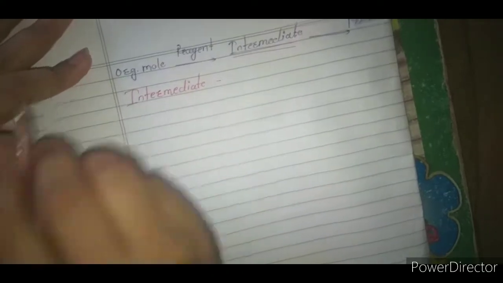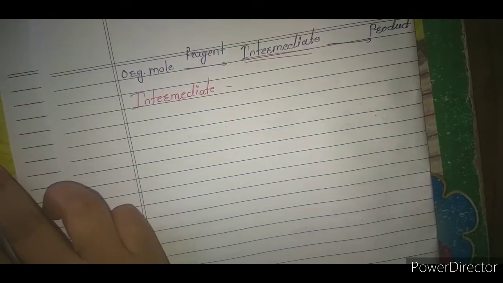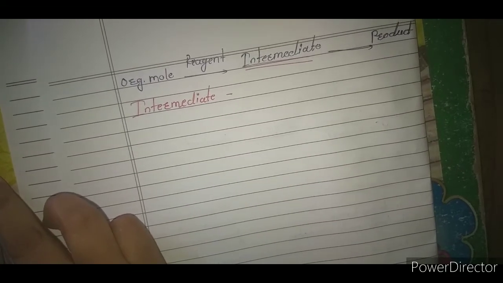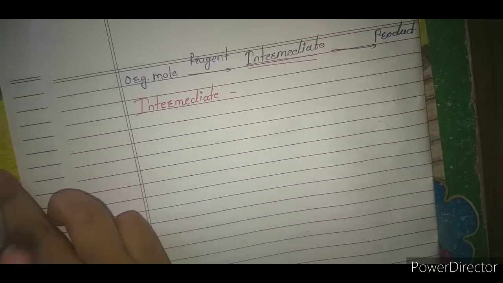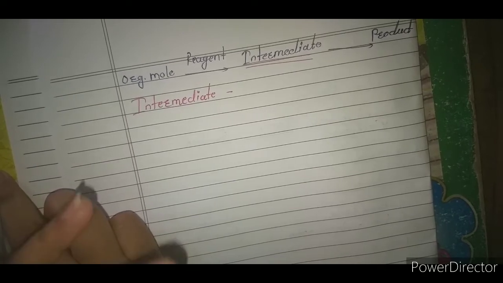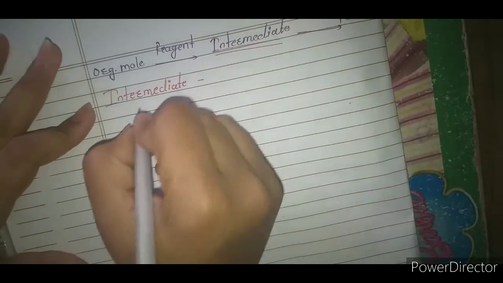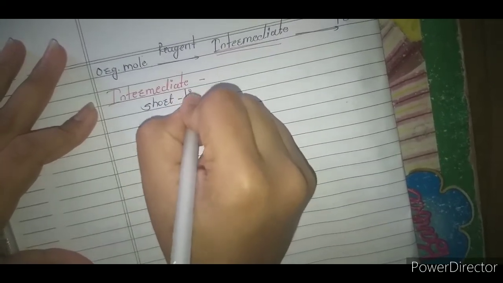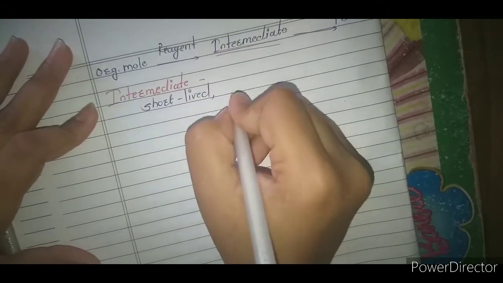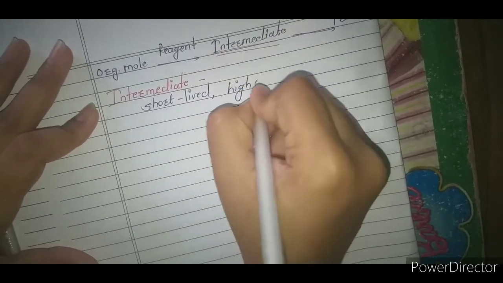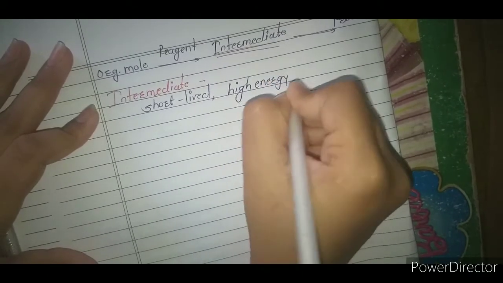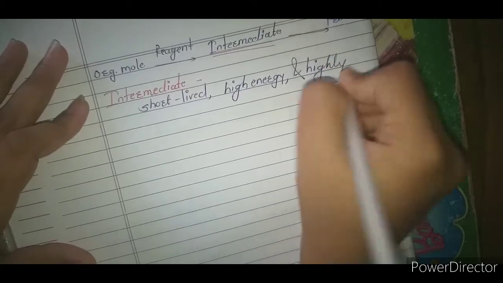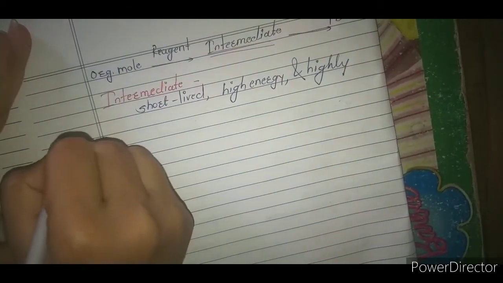So what is an intermediate? Intermediate means something made in between the reaction and it is very unstable, or it is short lived. An intermediate is short lived, high energy and highly reactive.